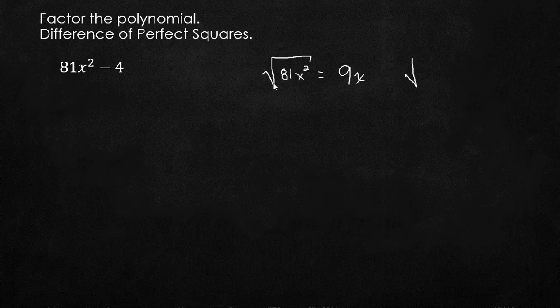If we take the square root of 4, we get 2. So these are perfect squares. It's a difference of perfect squares. So to factor this, it follows a nice little pattern that's pretty easy for us here. So you take the square root of the first term, square root of the last term, and we get different signs. So we have factored the difference of perfect squares.